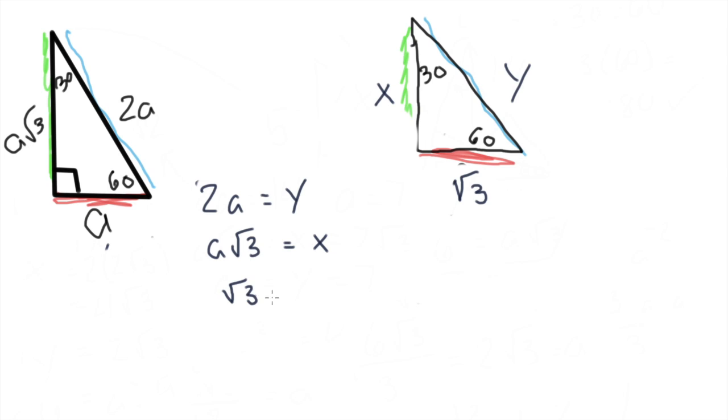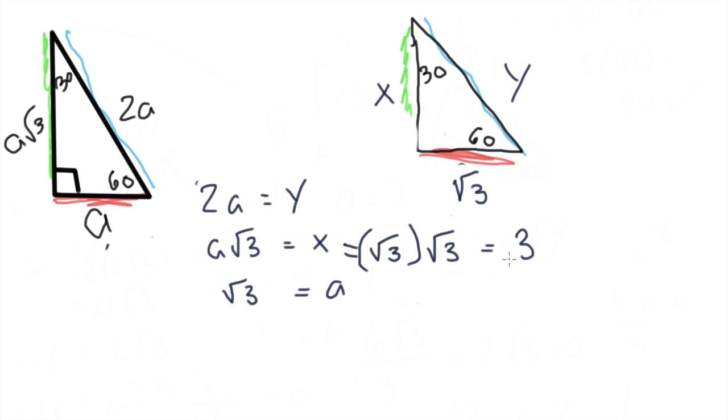And root 3 is equal to a. So we're going to go to our equation that only has one variable in it, which is root 3 is equal to a. We're going to plug that in now for all the other a's. So x is equal to root 3 times the square root of 3. The square root of 3 times the square root of 3 is just 3.